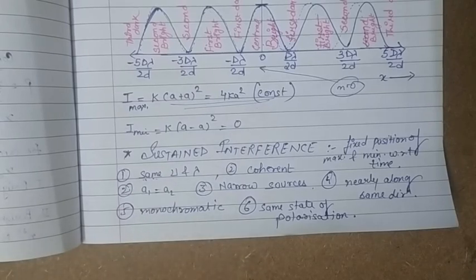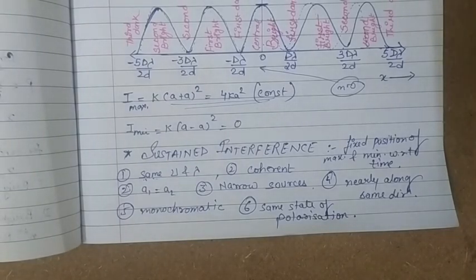Later, after the interference, that energy is redistributed among different points. So overall, the law of conservation of energy is valid in the case of interference. It doesn't violate the law of energy. It is just the redistribution of energy at different locations on the screen.